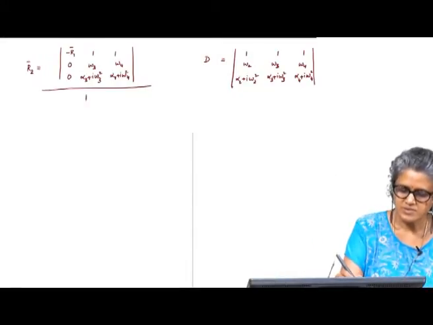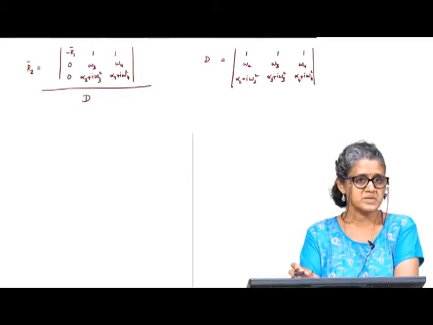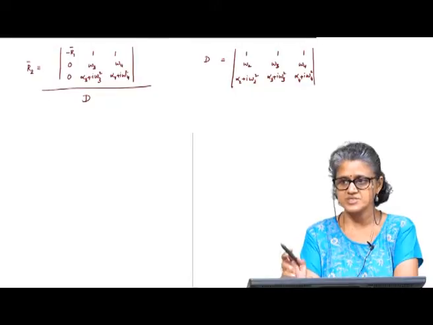Okay. This will be D, and D is also going to be a complex number because there are complex coefficients in the determinant.